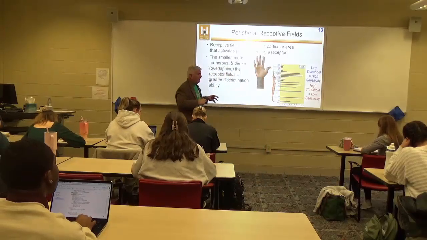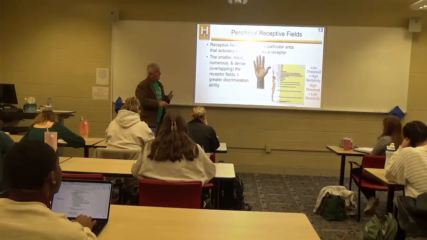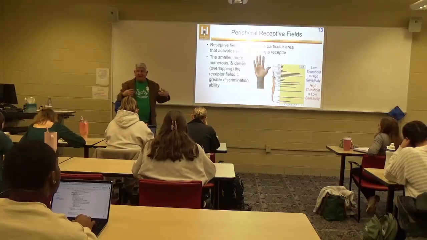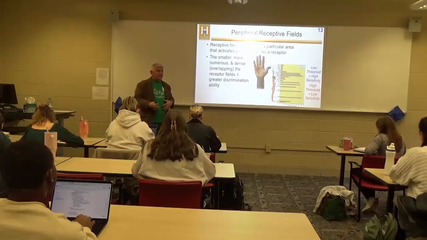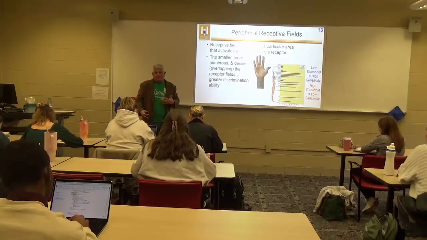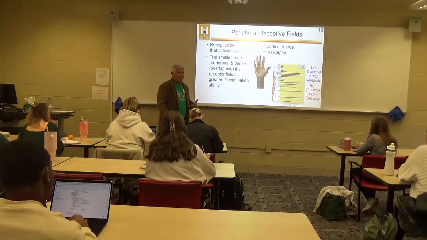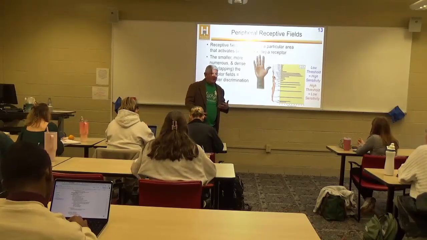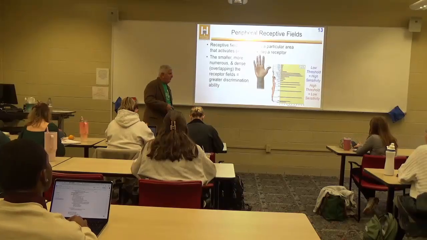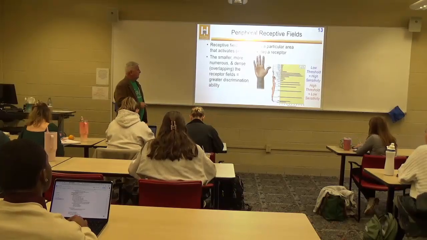thresholds, high sensitivity. And then in places like our back and our trunk, we don't really care as much about locating where things are touching us, because it's not typically the way that we explore the environment.